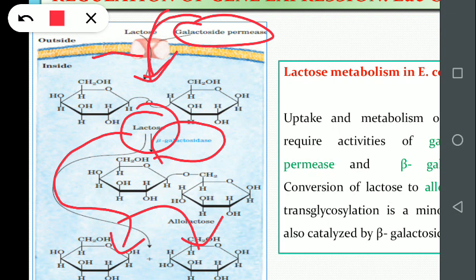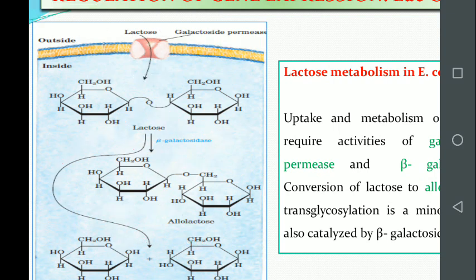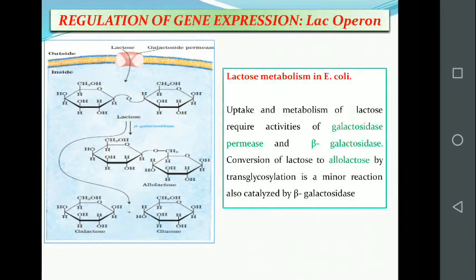So that is why when the lactose operon is active, then these two genes are expressed to produce these two proteins, namely galactoside permease and beta galactosidase. So these are the essential genes here. Okay, so that is about the E. coli cell lactose metabolism.